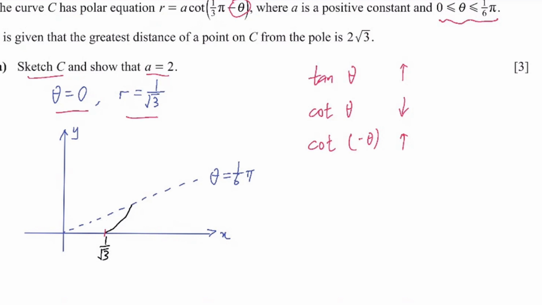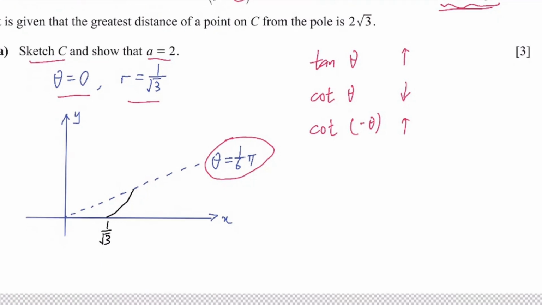And because we already know the graph here is strictly increasing, we just need to sketch the graph getting R bigger and bigger, so you get sort of an arc here. And because theta here is only up until 1/6 pi, we could draw a line, theta equals 1/6 pi, to remind us that we should stop there. We shouldn't go any further from there.